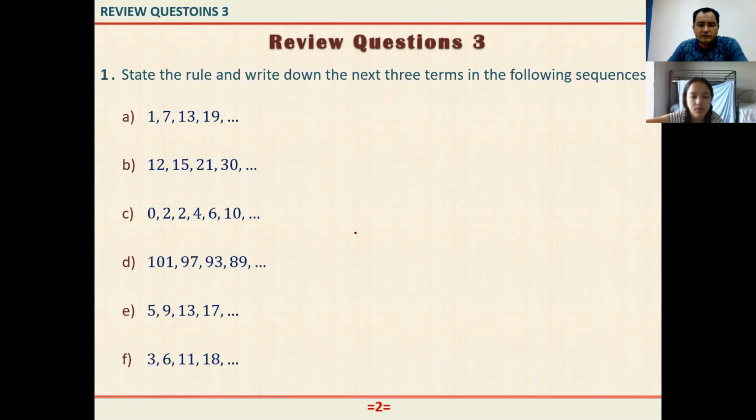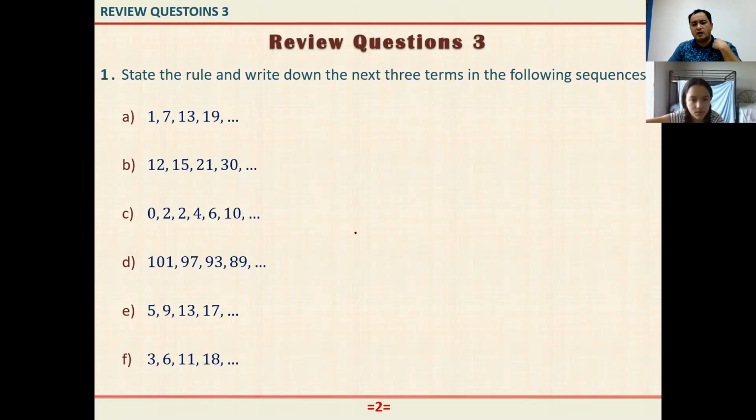When we're dealing with number sequences, Shahina, the first thing is, the sequence starts with what number, right? And after that, what is the pattern? How are we producing the successive terms? We need to find the relationship or the pattern. That is the most important thing. After that, one important thing is to be able to write the general term of a number sequence.